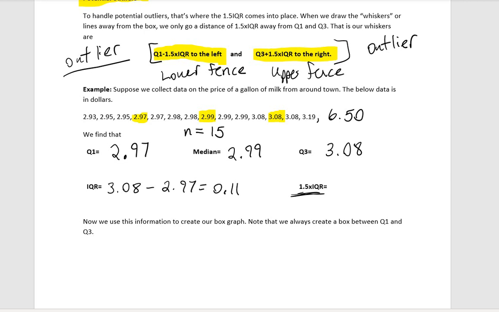That means that most milk is going to cost $2.99, and most milk is only going to vary by 11 cents. Now, 1.5 times the IQR, which in our case is 0.11, and I'm just going to round it up to the nearest cent, is 18 cents.